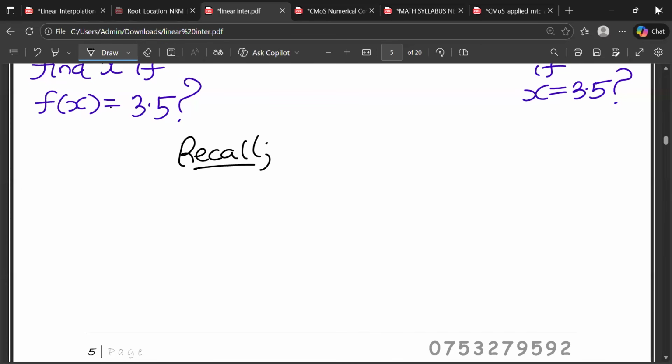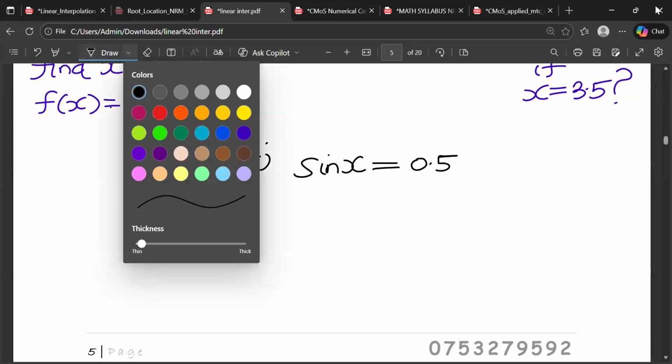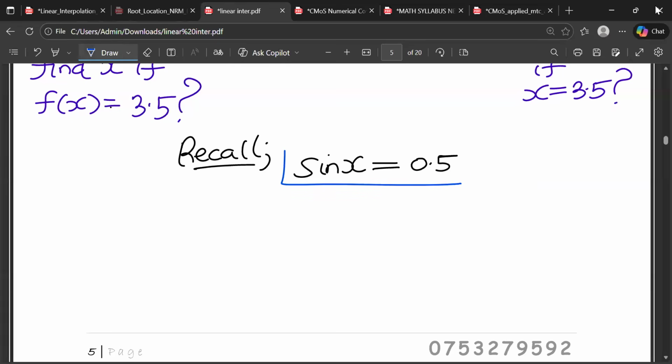You people have been getting angles in trigonometry, where I always say that sine x is equal to 0.5. Isn't it? This is very important. Sine x is what? 0.5. Then after that, there's a step you always write next.